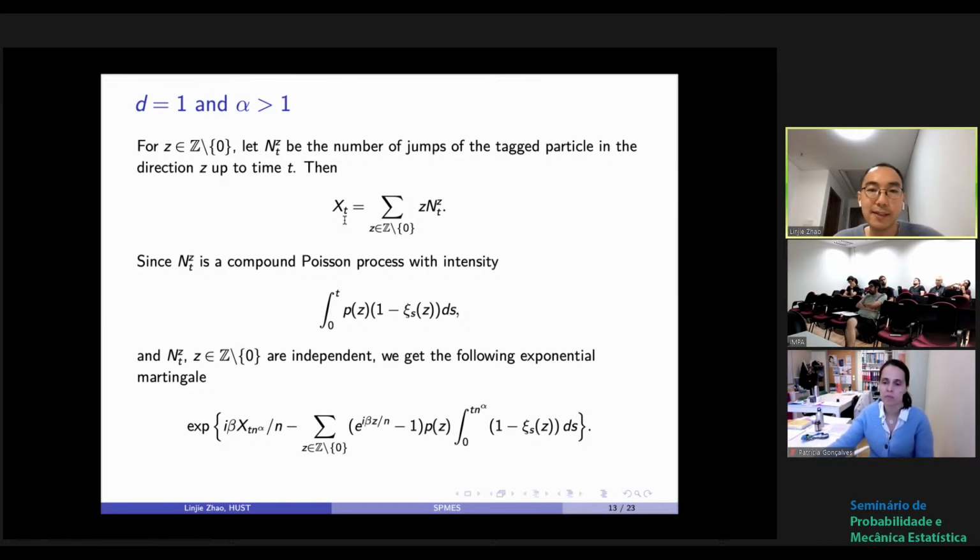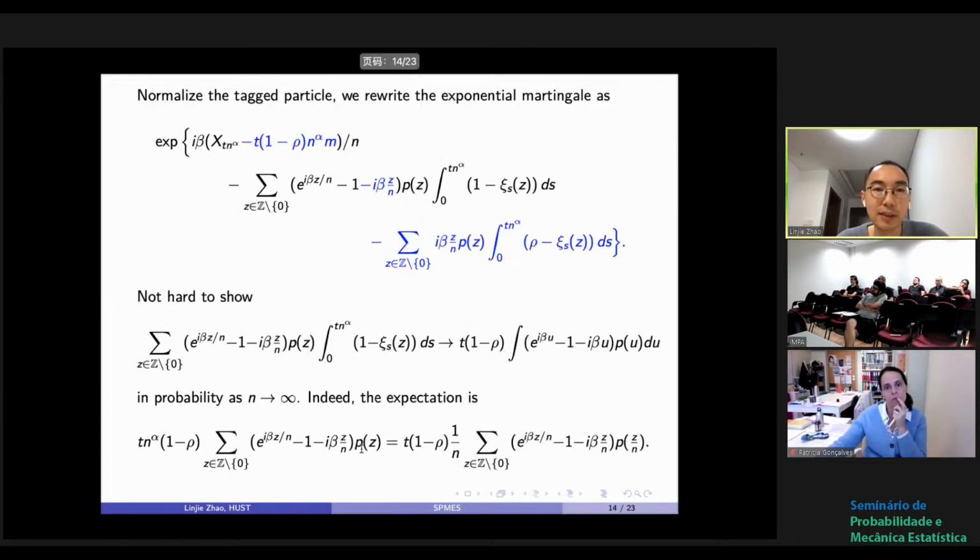For Poisson processes, we know the exponential martingale. So naturally, we have the following exponential martingale, and we have the sum here because the Poisson processes are independent. The next step is to normalize the tagged particle.